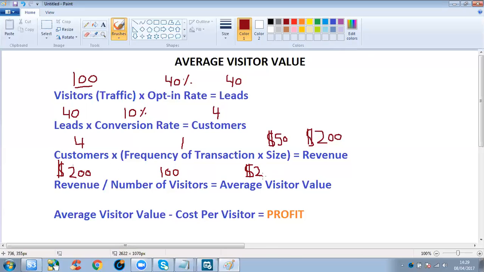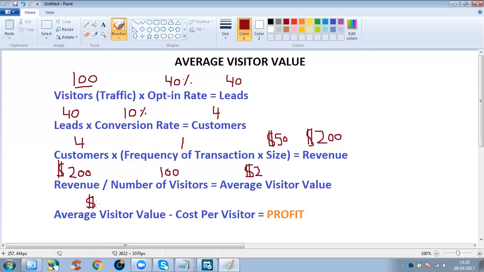What that means is every single person who visits your website is worth $2 to you in revenue. So you can easily work out how many visitors you need to make a certain amount each month, or a certain amount per year. You can easily work that out by dividing by your average visitor value. So average visitor value is $2.